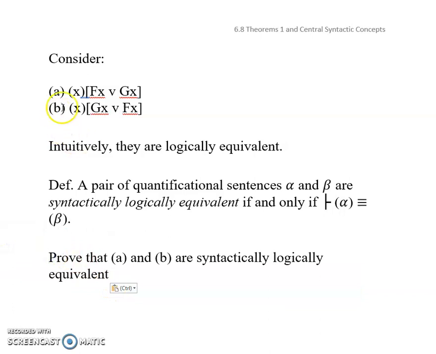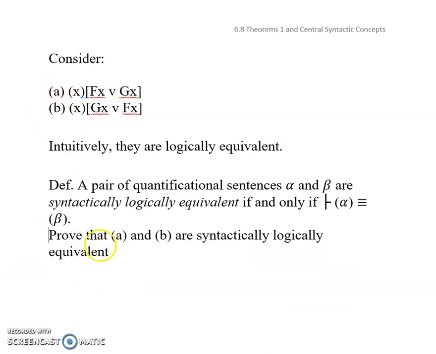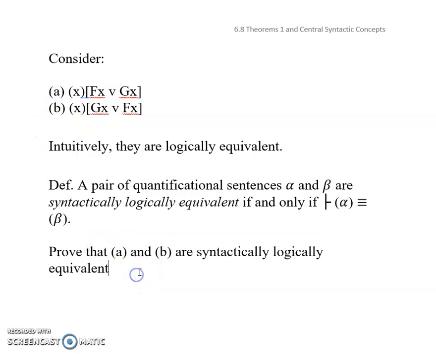Prove that A and B here are syntactically logically equivalent, and that means you have to show what? Well, by definition, it means you have to show it's a theorem that this, if and only if the other one. You have to show that this whole big sentence is in fact a theorem, because that's what the definition of syntactic logical equivalence requires.